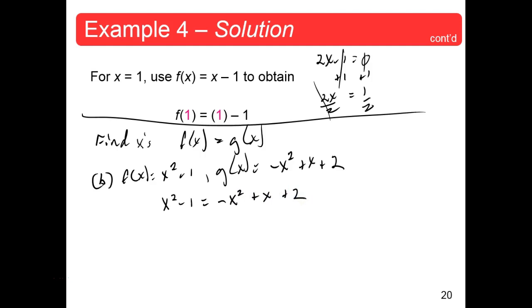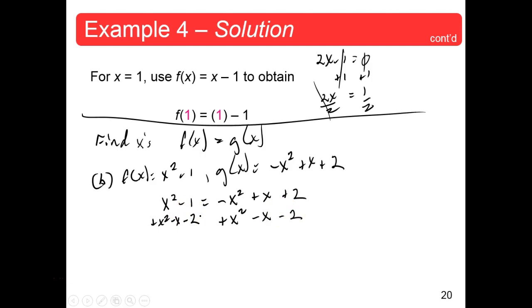Now what? Yeah, okay, and how do you do that? Add X squared to both sides, and subtract an X from both sides. I'm going to squeeze it in somewhere there, and subtract 2 from both sides.